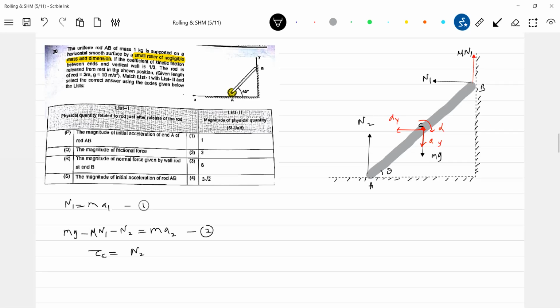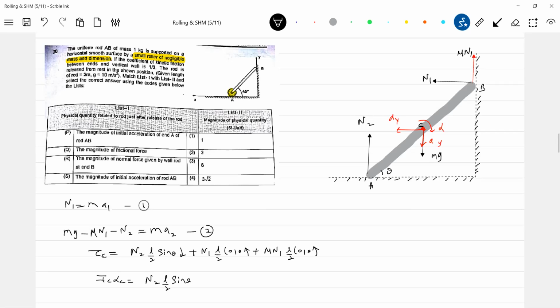N2 into L by 2 sine theta clockwise, plus N1 into L by 2 cos theta anti-clockwise, then friction mu N1 L by 2 sine theta. So what is this? This should be equal to IC into alpha.